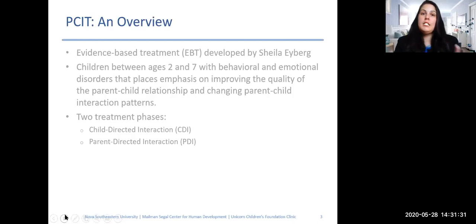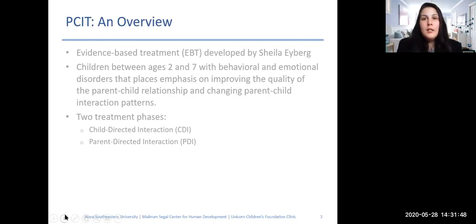So what is PCIT? It is an evidence-based treatment. It was developed by Sheila Eyberg, and it's used with children between the ages of 2 and 7 with behavioral, emotional disorders. These are children who maybe have a difficult time complying.